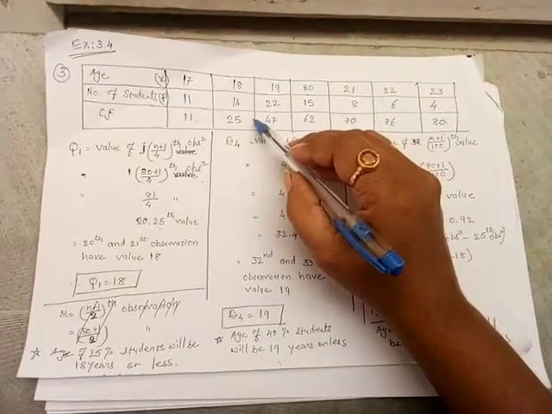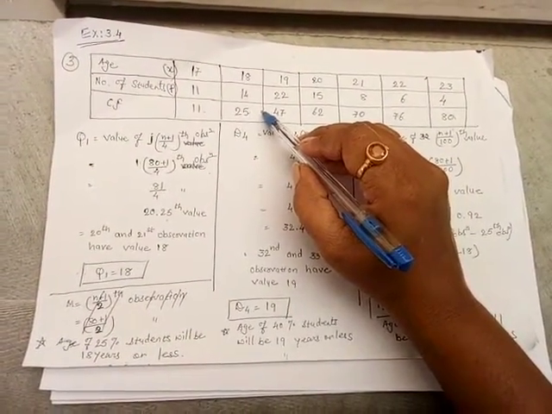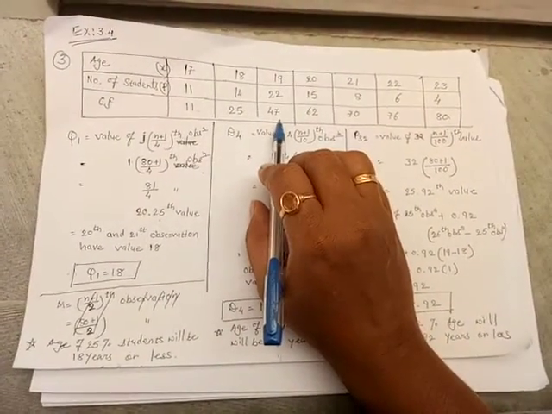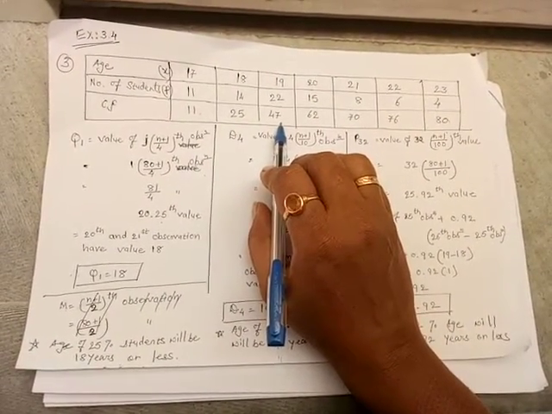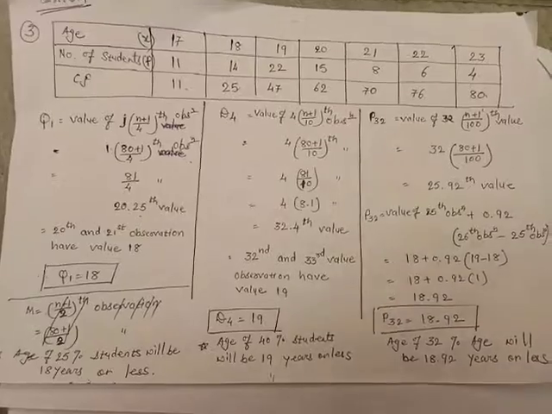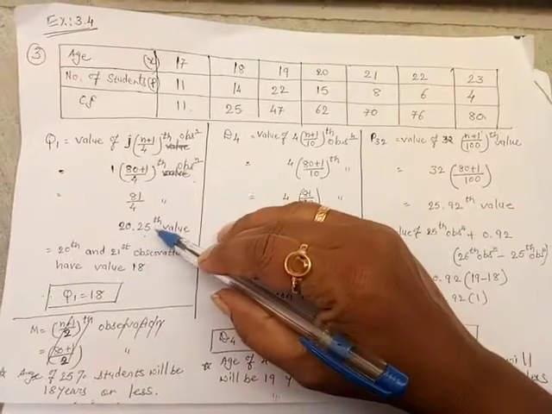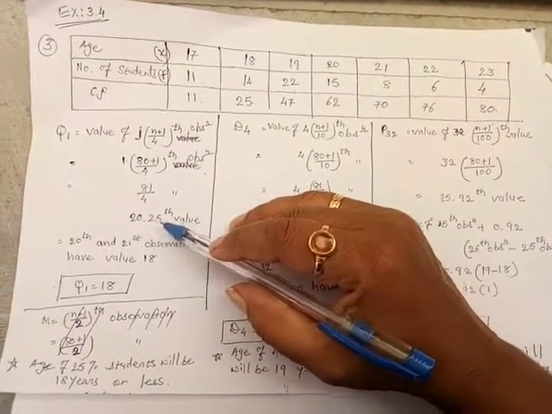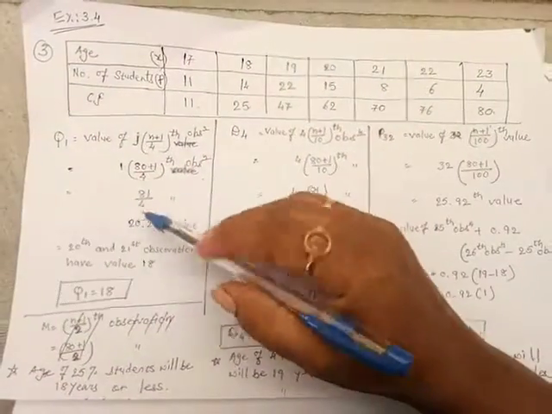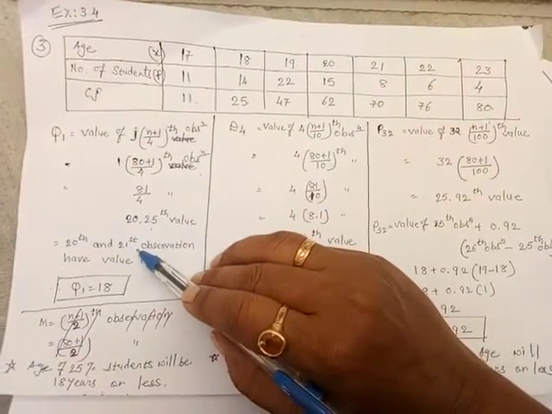Now exactly 20.25 is not given, and we have to look into the CF. This 20.25 lies between the 20th and 21st observation.